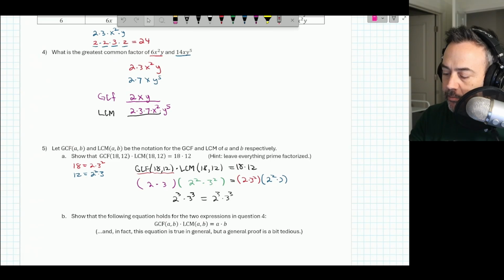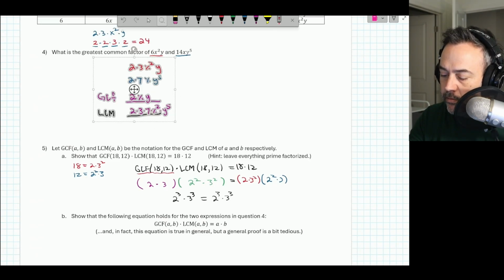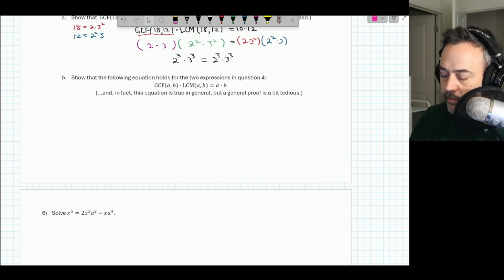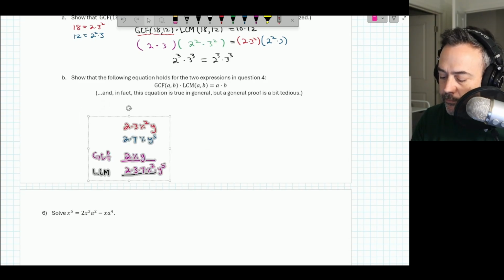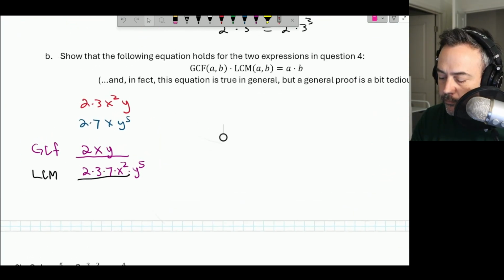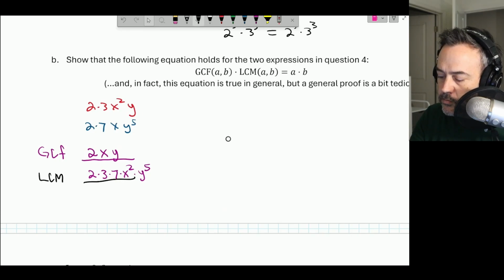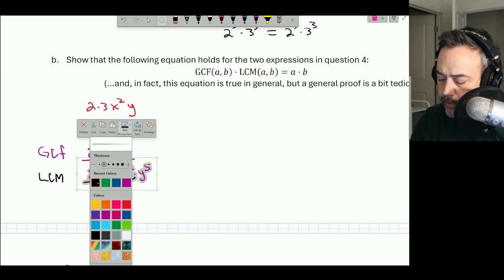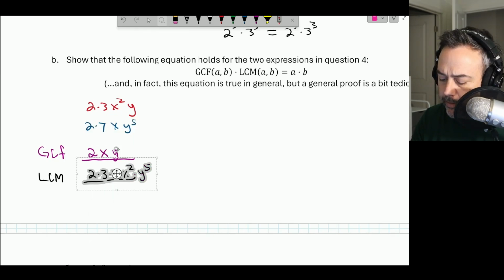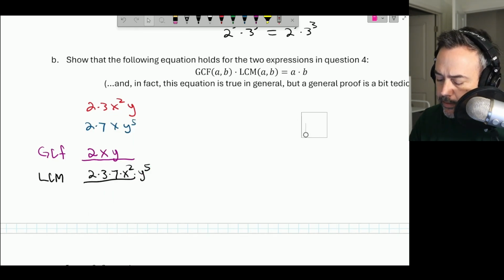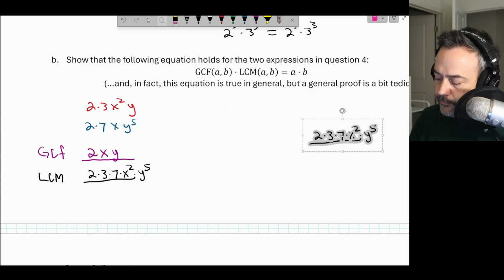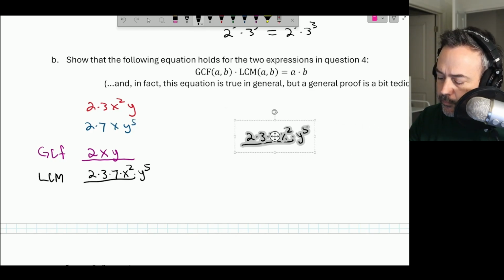I can literally come up here and copy this stuff and bring it down here, and I got everything I need. Let's make that all black, and let's copy it. What is that? That's the LCM. Put parentheses around that.